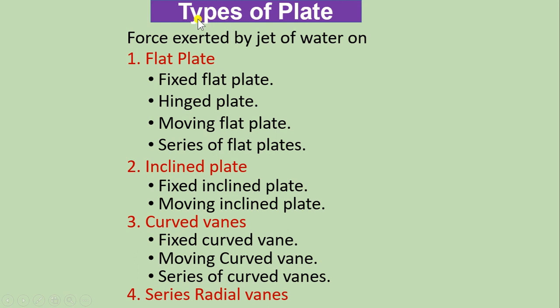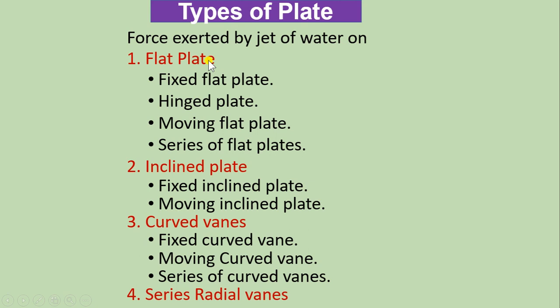Now we will first of all summarize the different types of blades or veins in the turbo machines. So these blades or plates are broadly classified into 4 types: flat plate, inclined plate, curved veins, and series of radial curved veins.